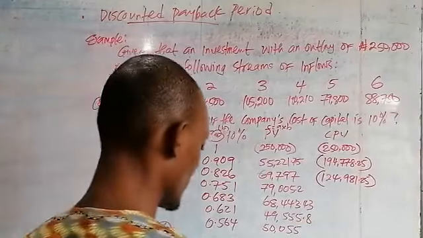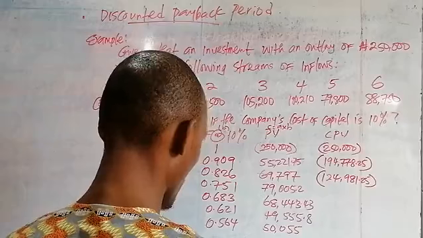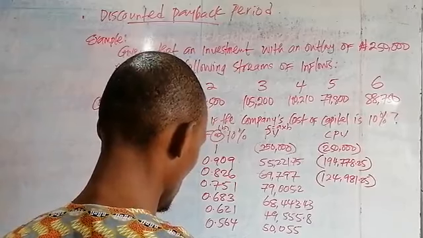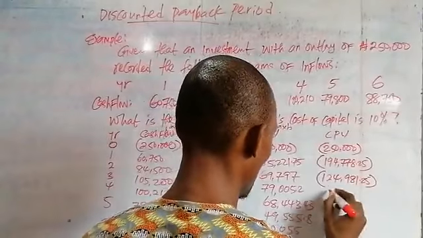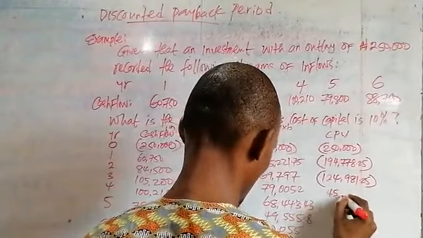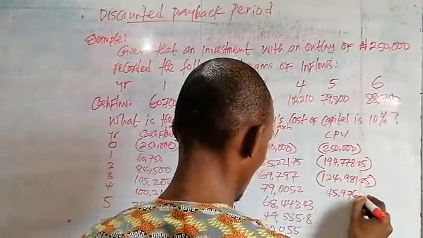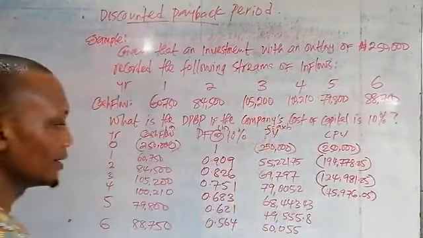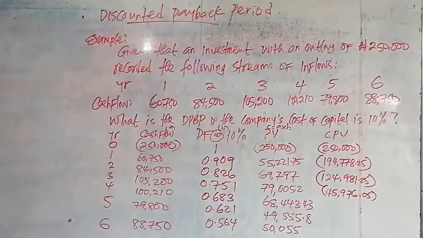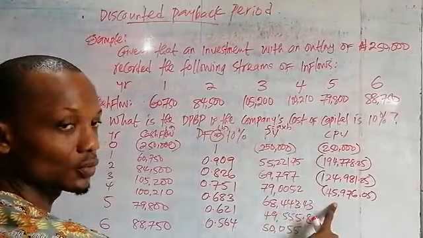So minus 79,005.2, here we have 45,976.05. That is at the end of year three, this is what we still have left to recoup.